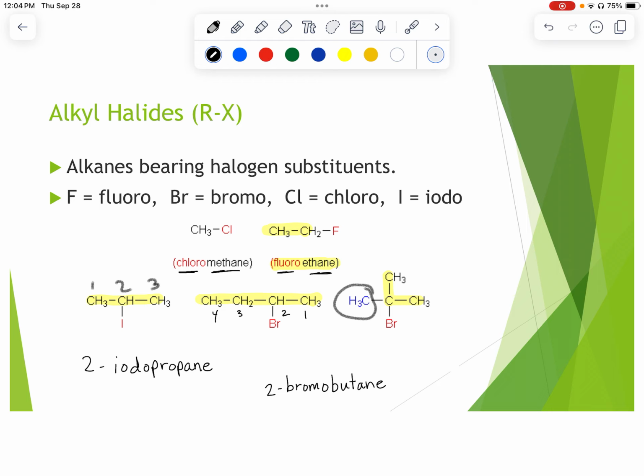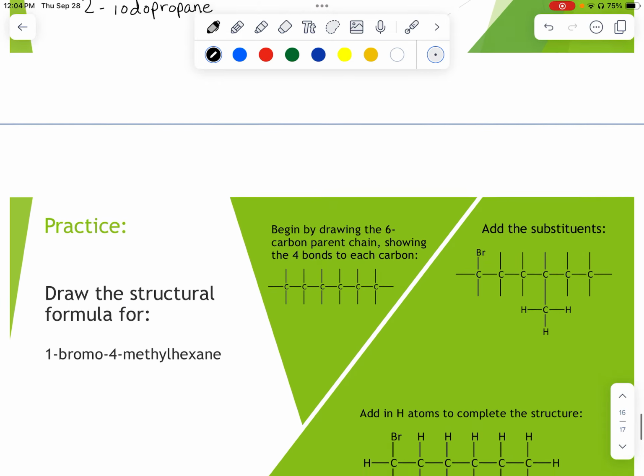So we have a 2-bromo, 2-methyl, and this whole thing is 3 carbons, so it's called a propane. So a 2-bromo, 2-methyl propane. B comes before M in the alphabet.